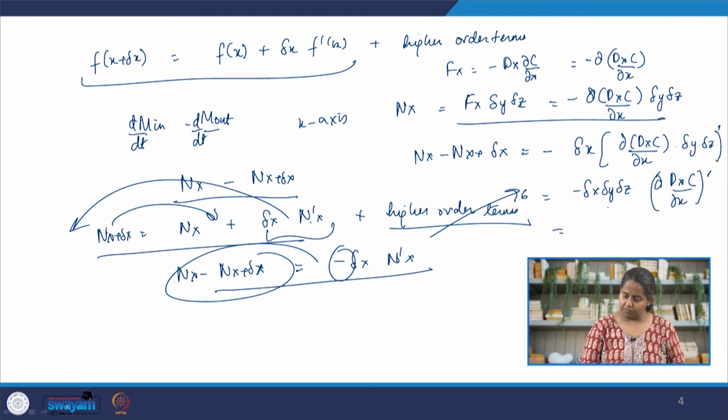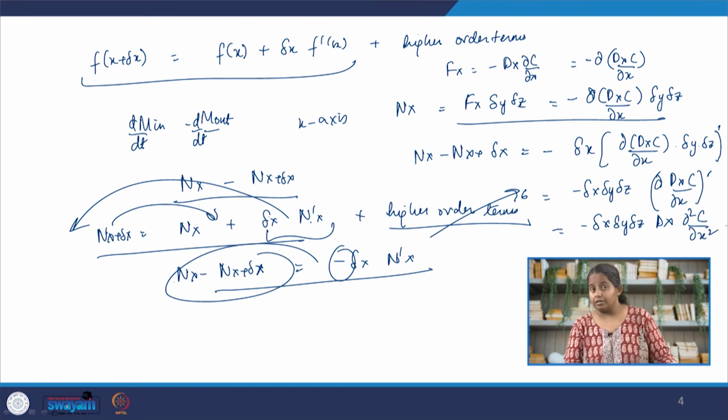So what this will transform into is: dx will come out of the derivative and we will have the double derivative of c with respect to x. This is in the x direction, this is due to diffusion, not the bulk action. Bulk action I will add later.